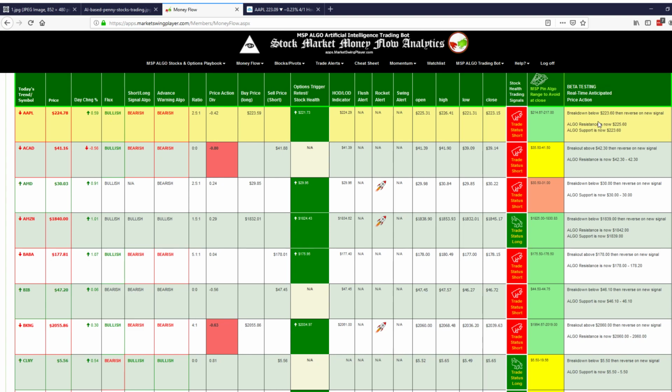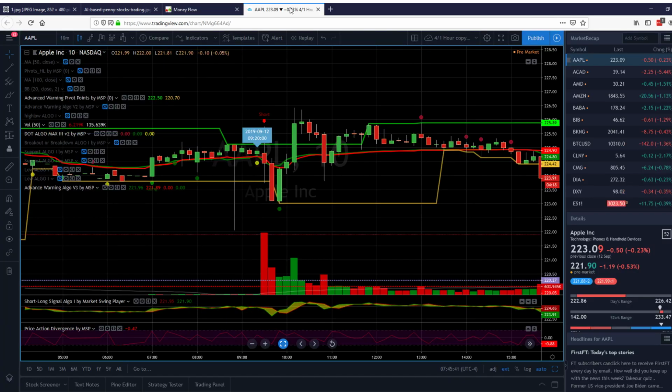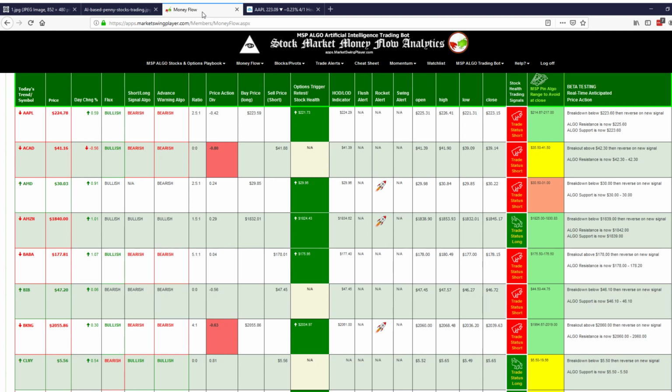So it's trying to tell you, when the market opens, the next 10-minute increment. So we know we want to look at a 10-minute chart on a 10-minute time frame. That's what I have here. It says breakdown below 223.6, then reverse on new signal.